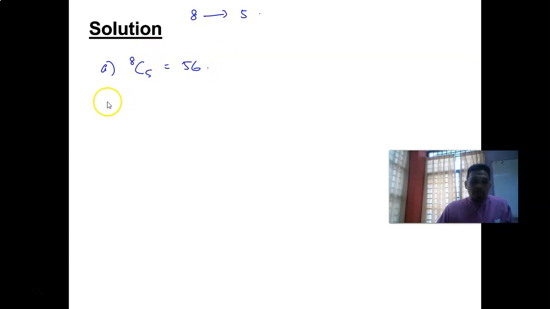Question B, if questions 2 and 4 are compulsory: questions number 1, 2, 3, 4, 5, 6, 7, and 8. Questions 2 and 4 are compulsory, it's a must.